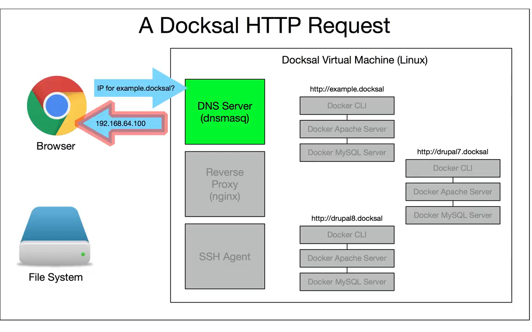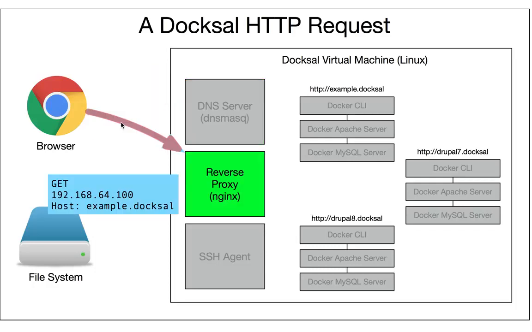The next thing that happens is your browser will take the IP address that it got from the DNS server, and it'll send an HTTP request. That request is going to be received by the reverse proxy, or the vhost proxy as it's often called. That's an Nginx server which uses Lua script to do the routing.